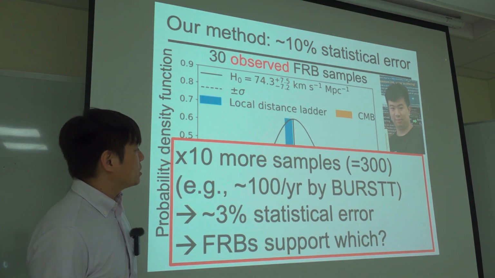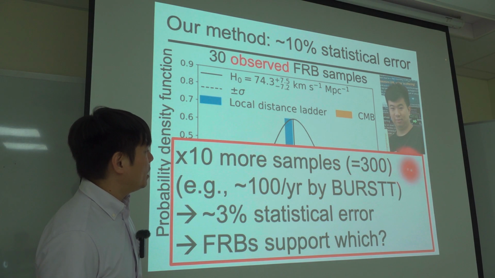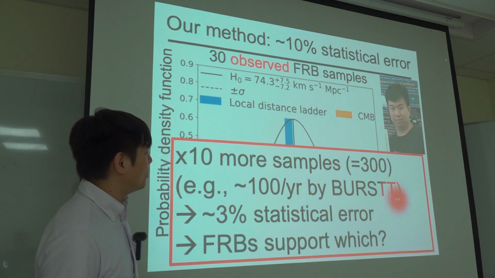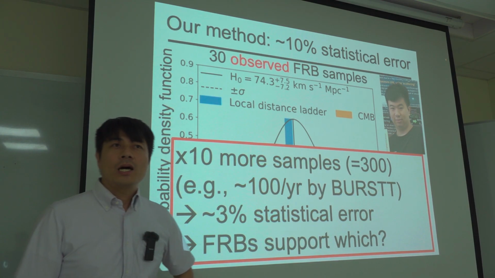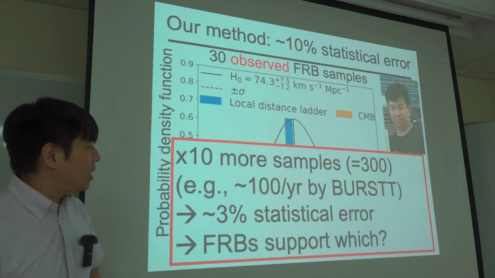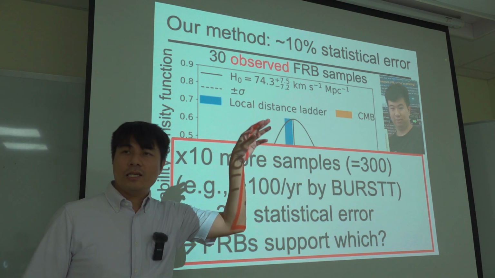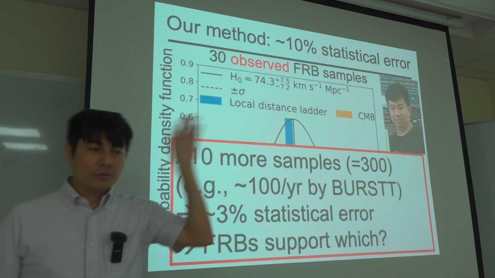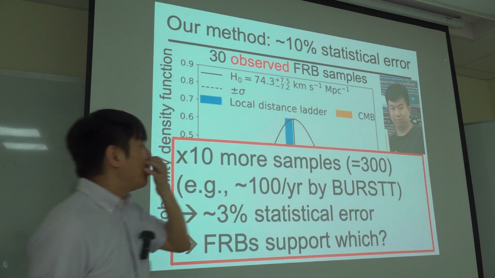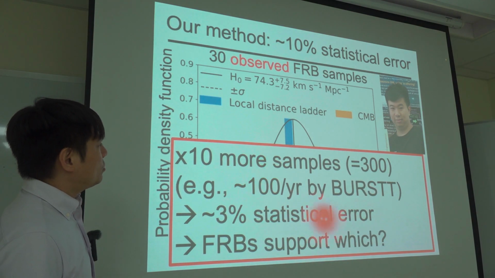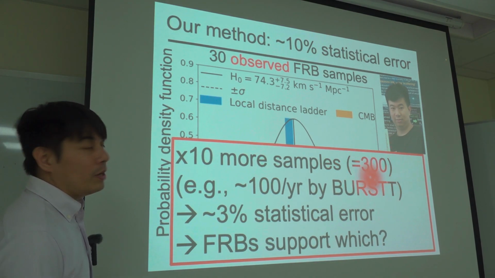BURST is our FRB telescope in Taiwan, and this FRB telescope is supposed to find 100 FRBs per year. For most of them, we can find the host galaxy, then we can measure redshifts. Then this is useful for Johnson's method. So 300 sounds doable.